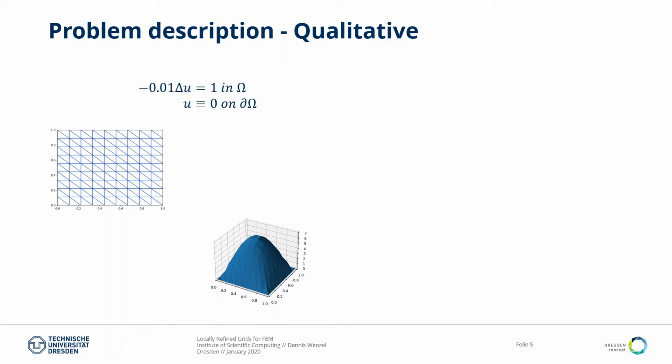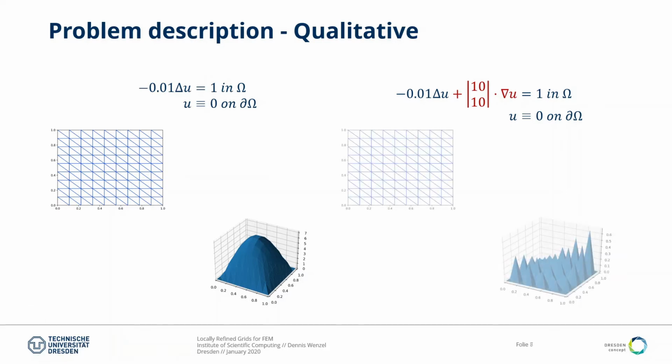Everything looks perfect. But then if you add a convective term, so a first order term transporting the quantity in a certain direction, and you still use that same grid, suddenly everything looks terrible.